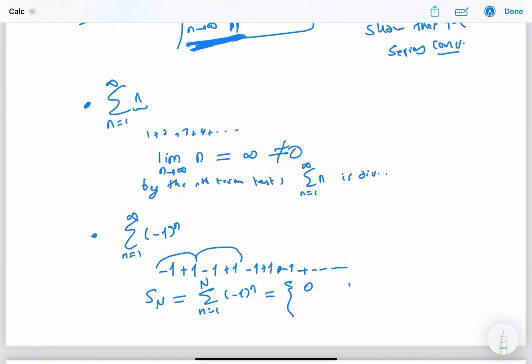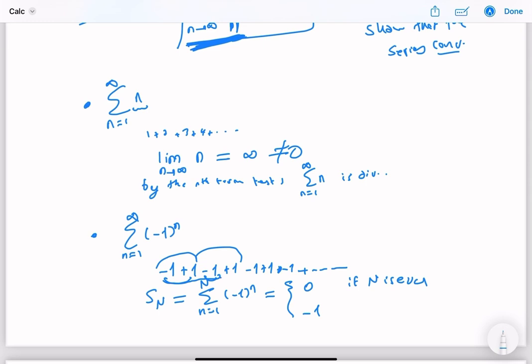So this is 0 if N is even. However, if you add an odd number of terms, like 1, 2, 3 of these, you get negative 1, because these will cancel and this will stay. So you get negative 1 if you add 3 terms.